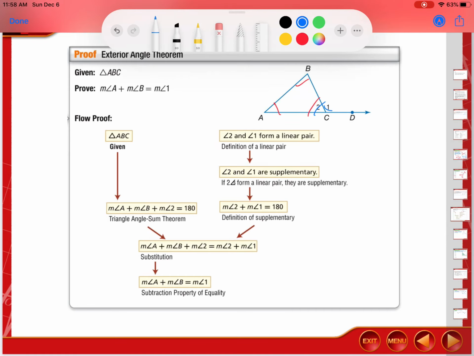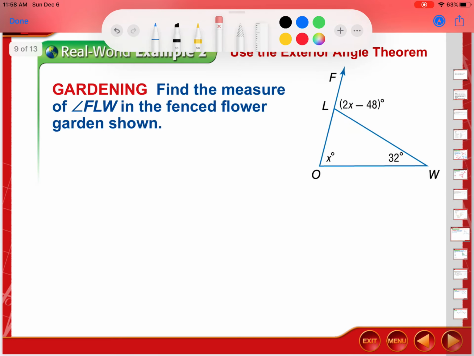So we have all three interior angles of this triangle, and angle 2 and angle 1 all add up to equal 180 degrees. So when we substitute and set those equal to each other, everything gets canceled except for measure of angle A plus angle B equals the measure of angle 1. We'll talk more about this in class on Tuesday, but that's the gist of it.